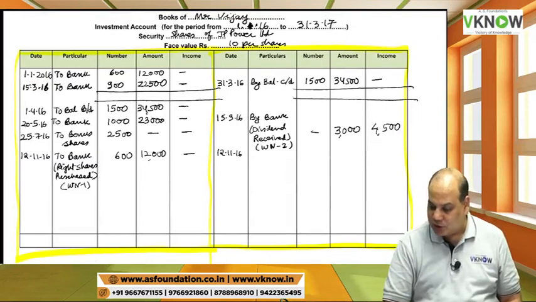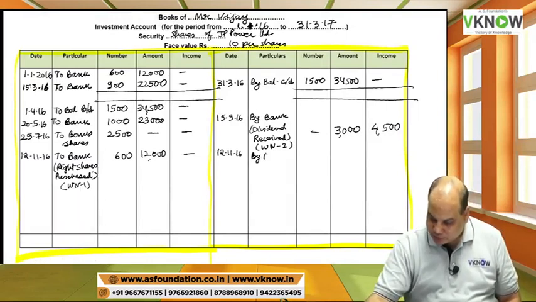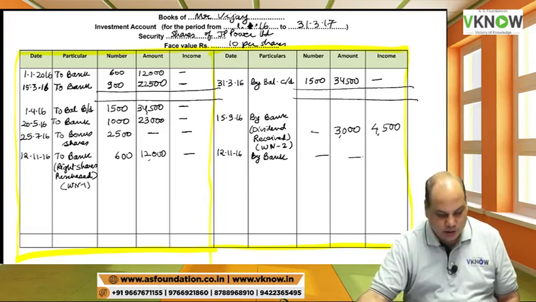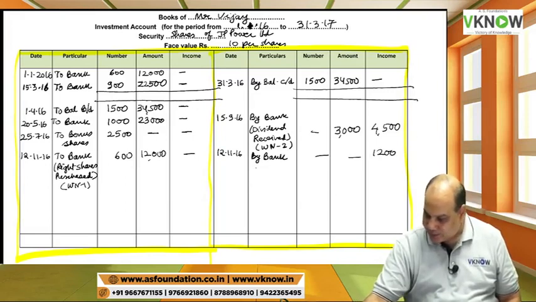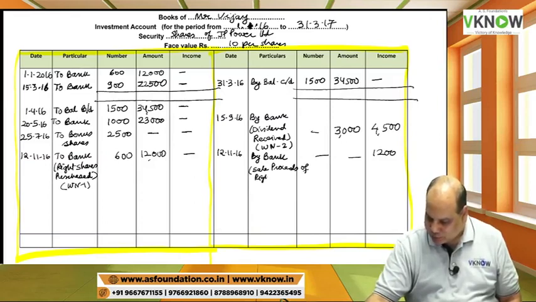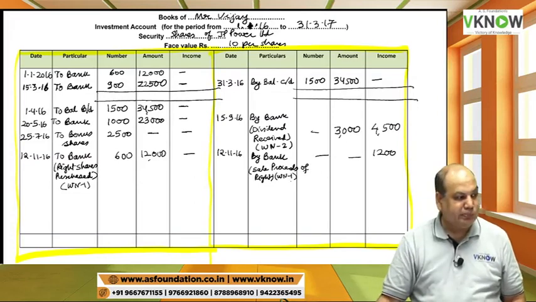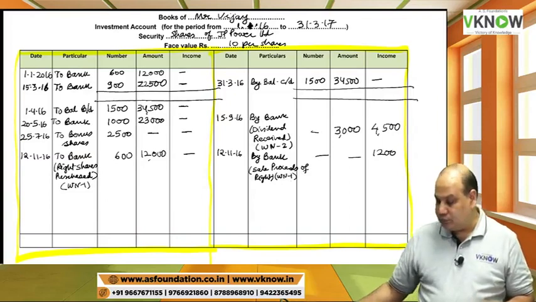So I will write on the credit side, by bank, income column 1200 rupees, sale proceeds of right, working note 1.